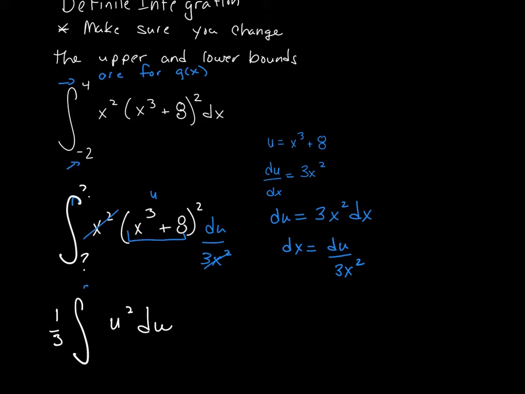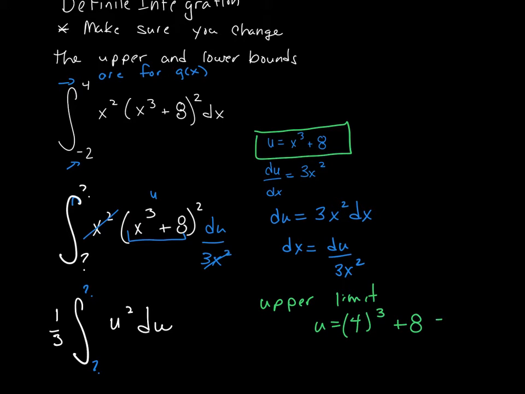So we now have to talk about what those limits are. Well, what does u equal? If I come back up here, u is just equal to x to the third plus 8. So the upper limit becomes u is equal to 4 to the third plus 8, which is going to give me 72.